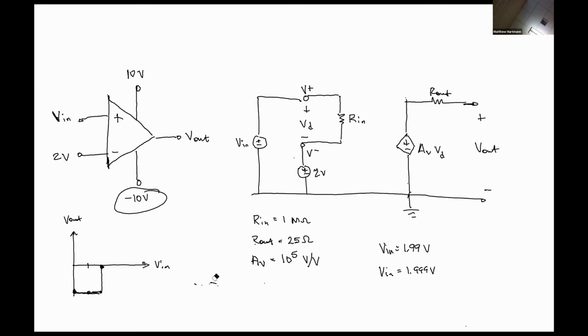And we can see that if our differential voltage VD were just slightly higher than 0, so if VN were, say, 2.001 volts, what would we expect our output to be?